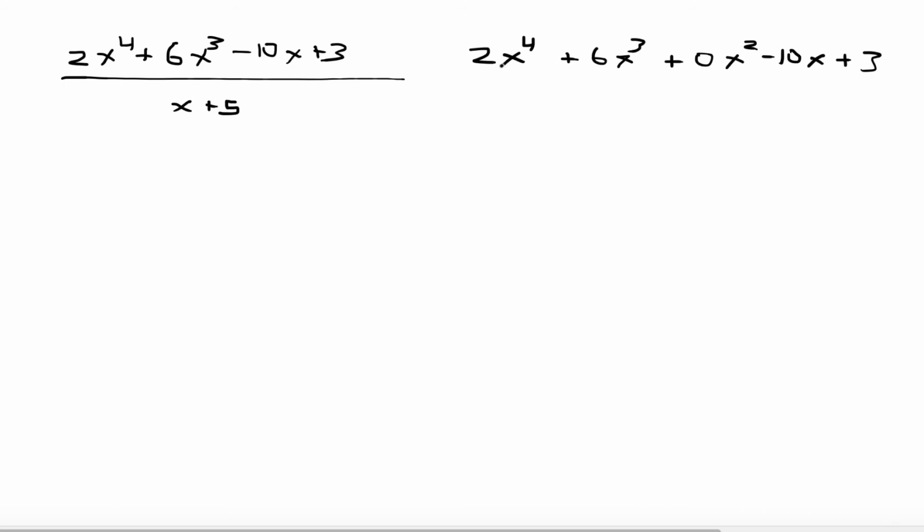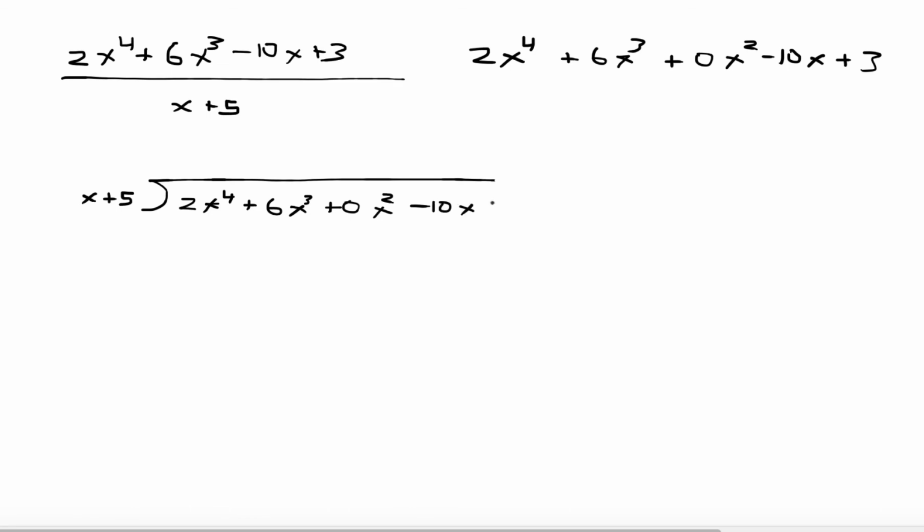We're going from 2x to the fourth plus 6x cubed plus 0x squared minus 10x plus 3. Now we should be able to go ahead and do the long division. So let's write out the divisor, which is x plus 5, and the dividend, 2x to the fourth plus 6x cubed plus 0x squared minus 10x plus 3.